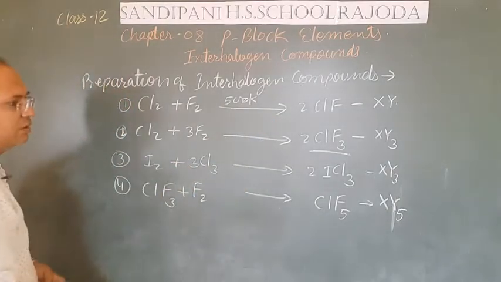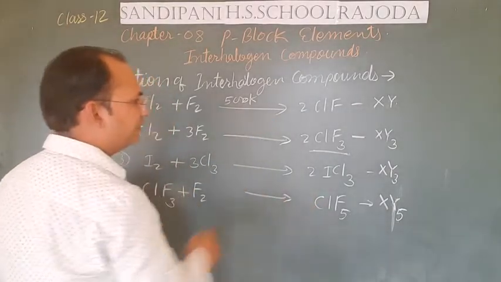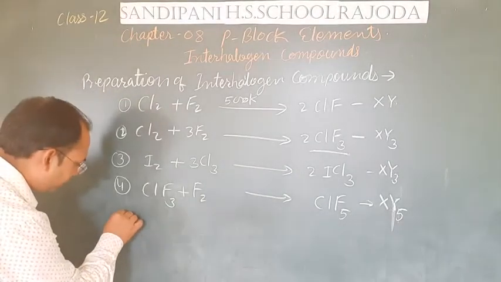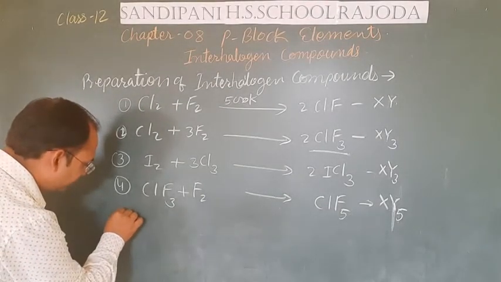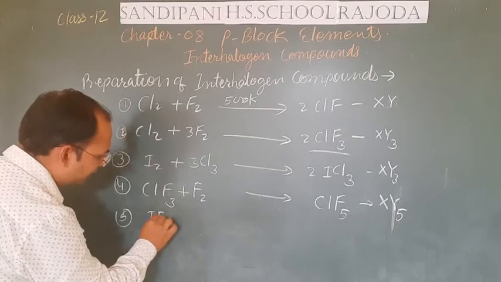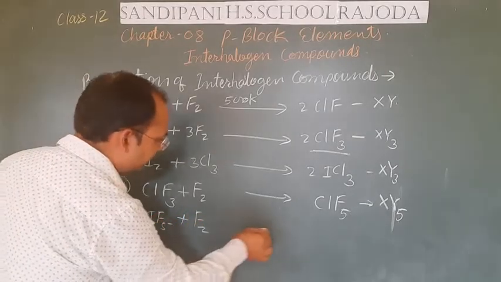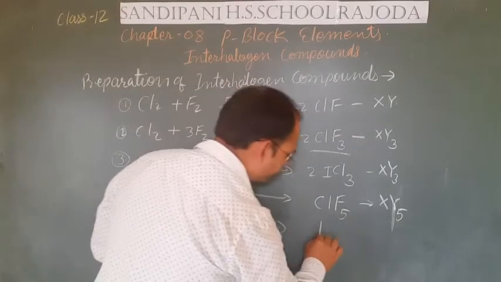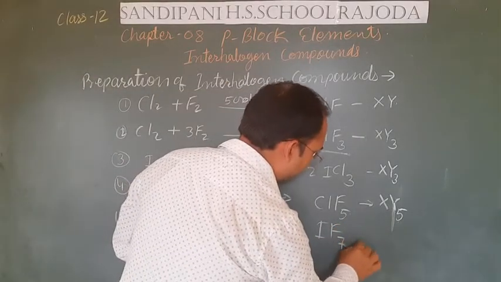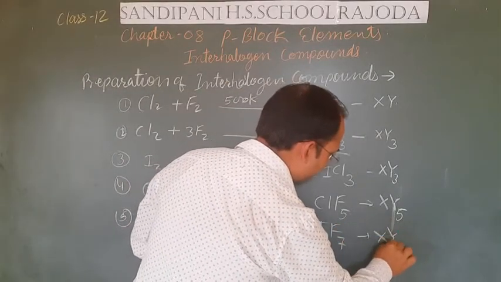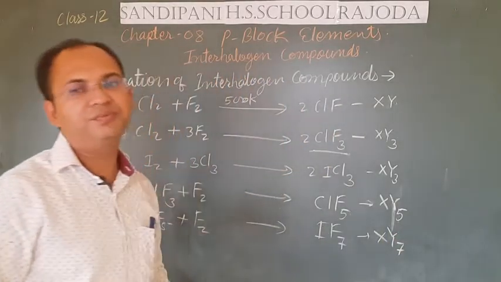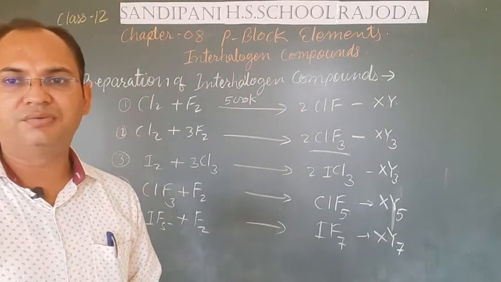With iodine, when IF5 combines with F2, IF7, that is, the XY7 type of interhalogen compound, is formed.